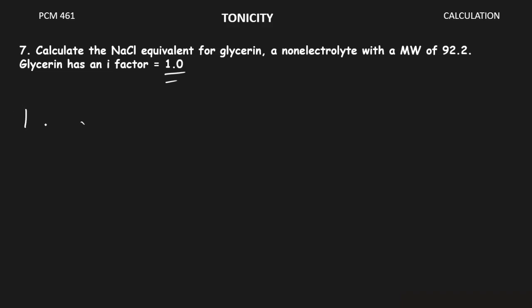All right. Calculate the equivalent of this. So 1 gram of glycerin will be equivalent to what?